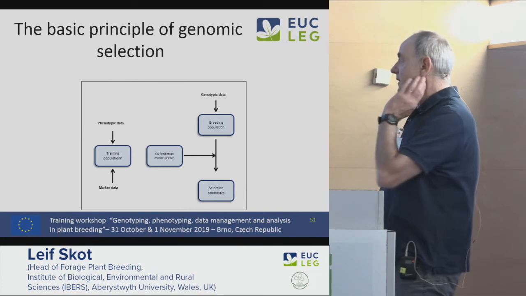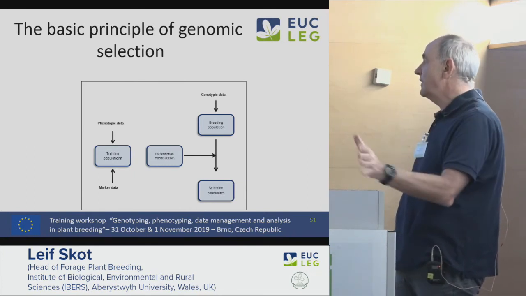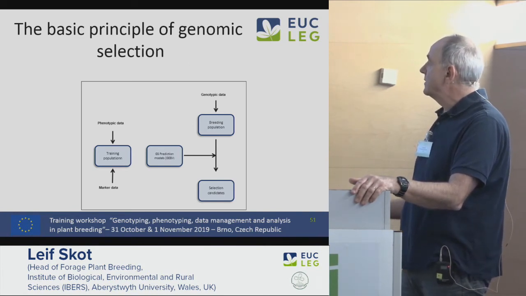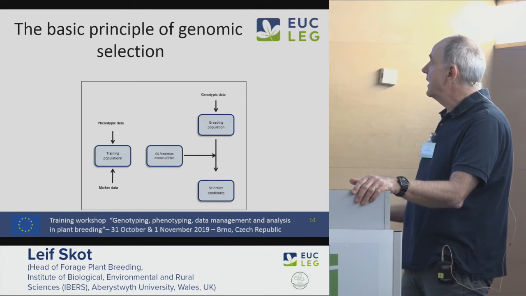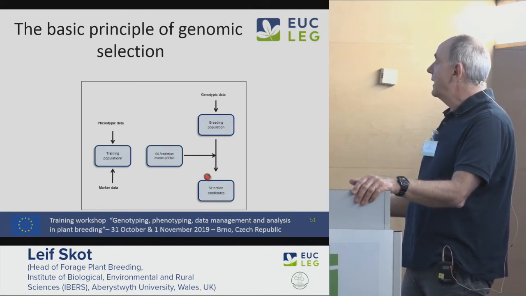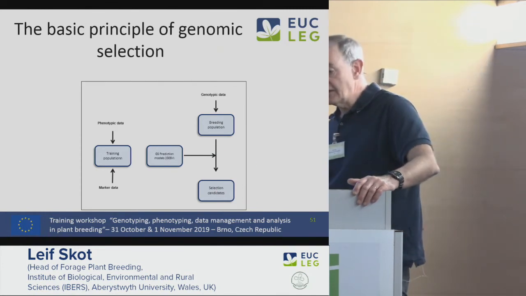So that's the basic principle. To recap, put the genotype and phenotype data together, make predictions of breeding values in your validation population, and then select your candidates on the basis of those genomically estimated breeding values.